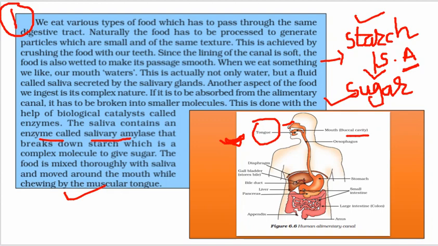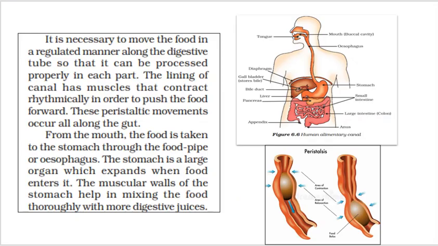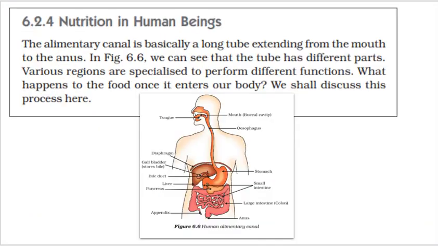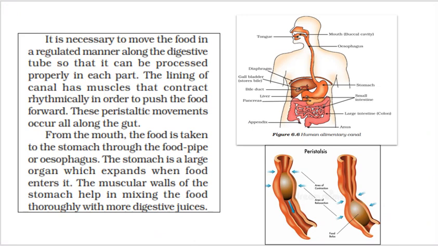After that, one important movement occurs, and that is the peristalsis movement, which we all know about. What is the peristalsis movement? Here you can see the image of it.